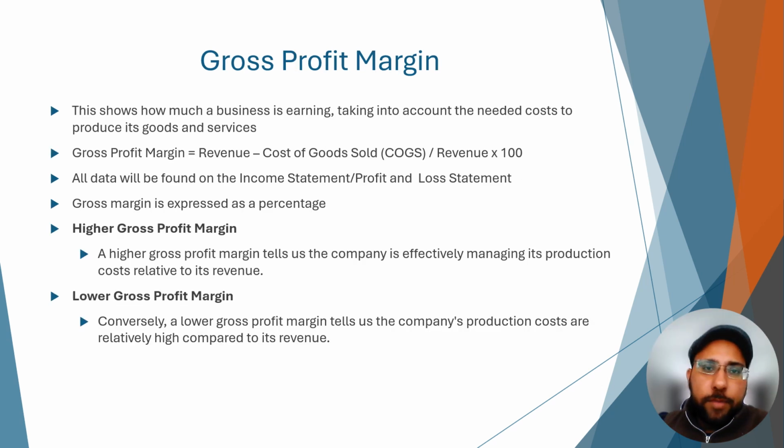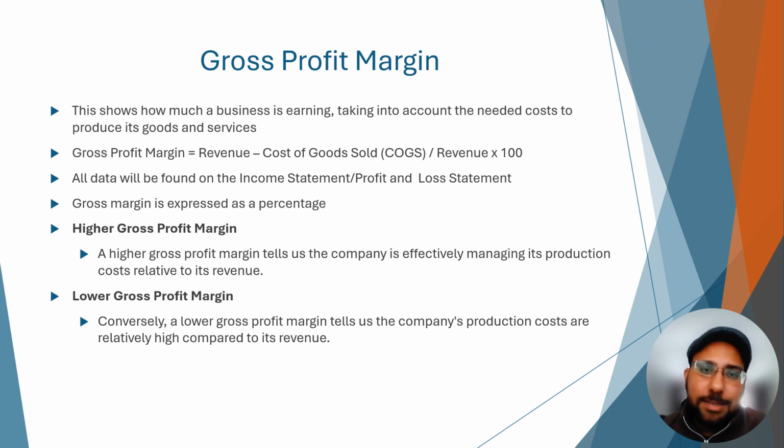Gross profit margin is a financial metric used to evaluate a company's profitability by measuring the proportion of revenue that exceeds the cost of goods sold, or COGS. So it indicates how efficient a company is in producing and selling its products and services. This is before considering any other expenses.